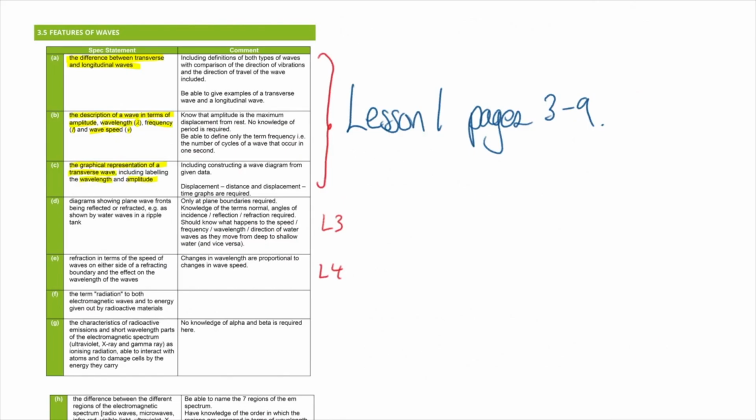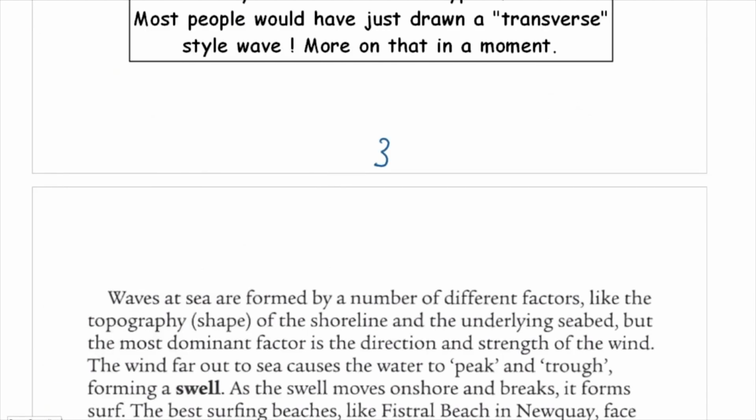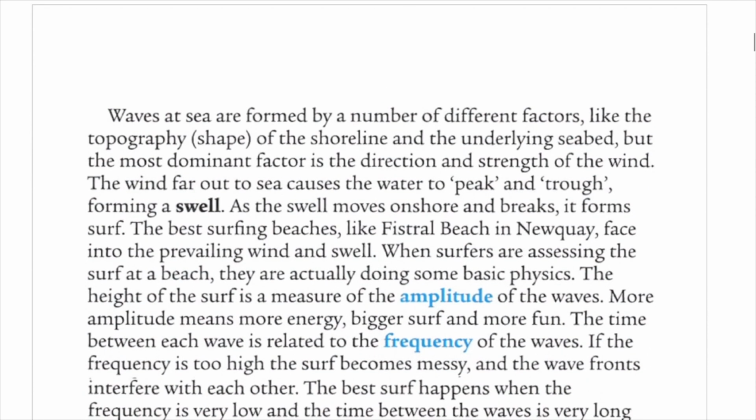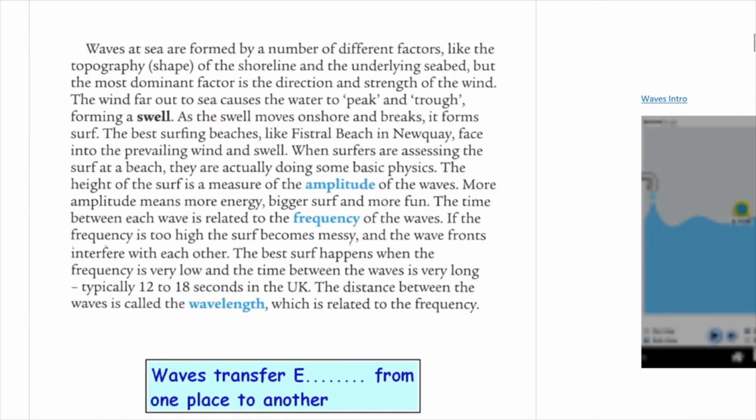So lesson 1 is from pages 3 through to 9. If you can now turn on to page 4. There's a chunk of text I'd like you to read through yourselves. So pause the video now and read through, press play when you've completed reading that paragraph.